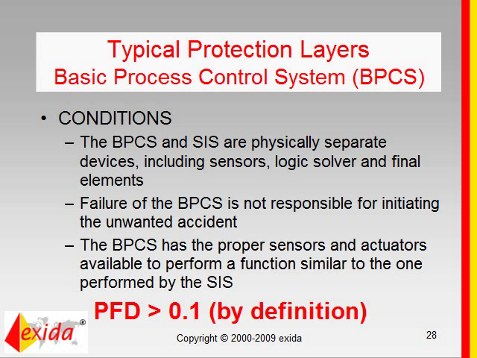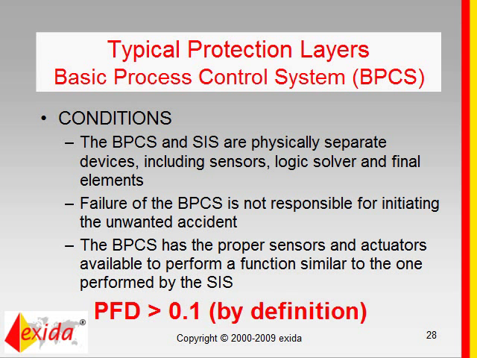Next couple of slides are some examples of typical protection layers, and I also hope that these will give you some feeling as to where to get my data for these protection layers. The first protection layer that people like to look at is the basic process control system. I have a control function that protects against this.